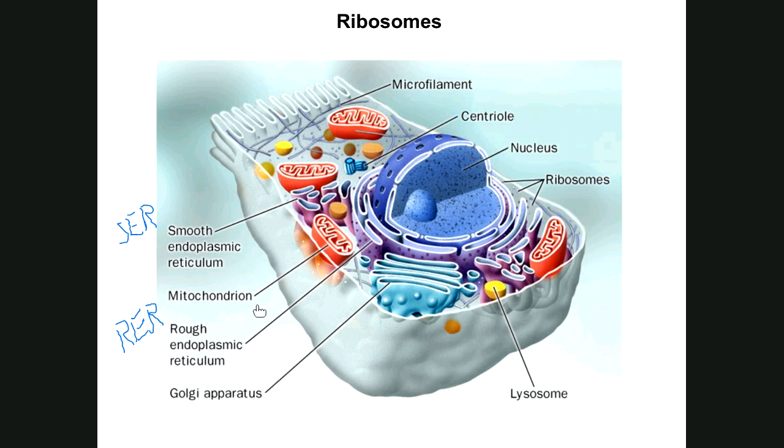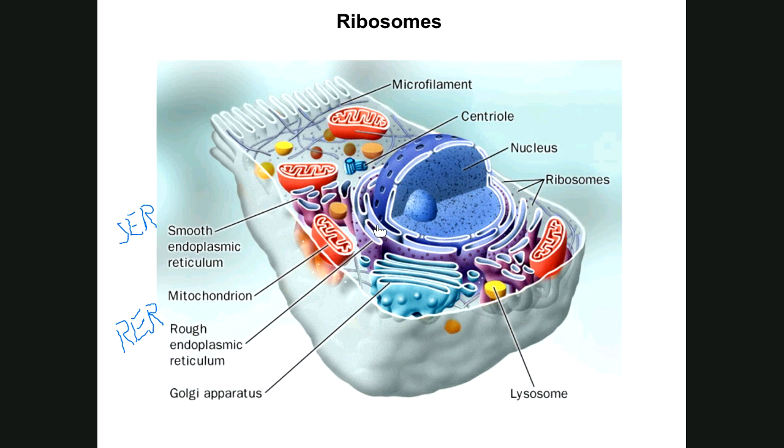Therefore, automatically you should know the RER, part of its function is the synthesis of proteins because of the ribosomes. However, the endoplasmic reticulum part here, it performs a second function.